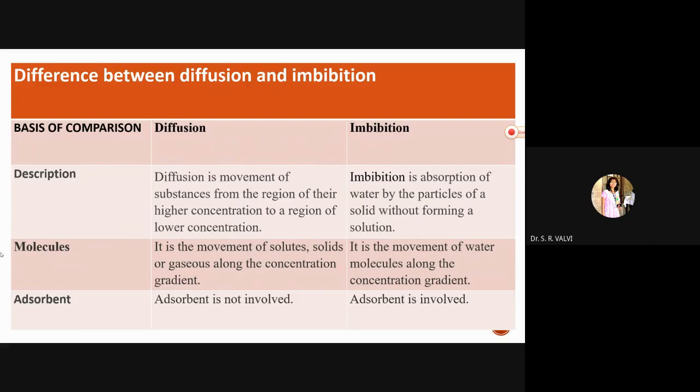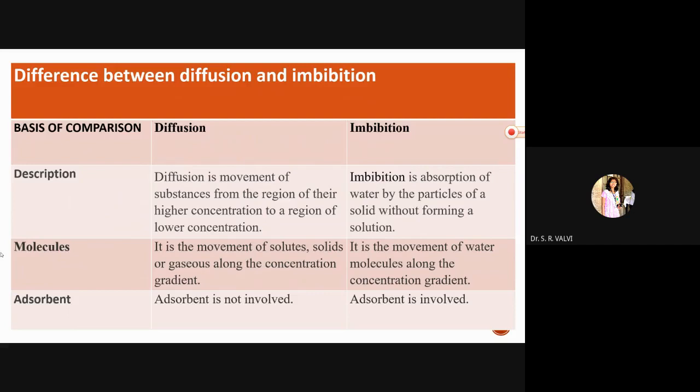Please remember, movement of molecules from higher concentration to lower concentration in case of diffusion. Imbibition is absorption of water by the particles of solid without forming a solution. So there is no formation of solution in case of imbibition.